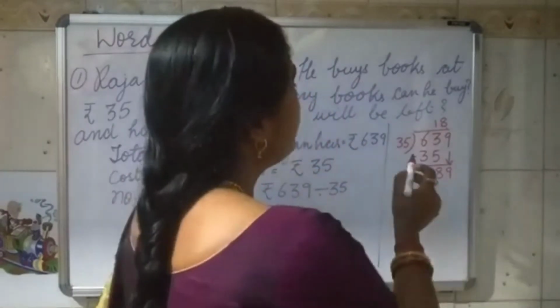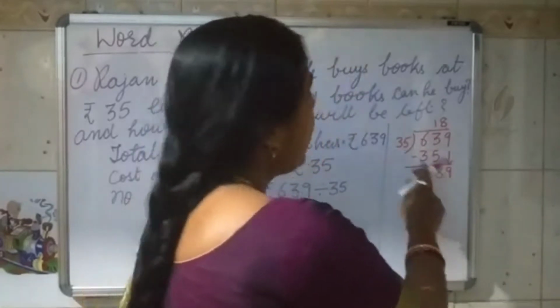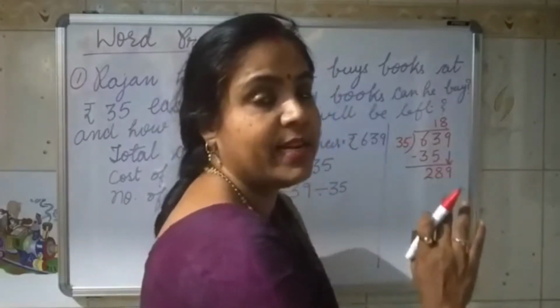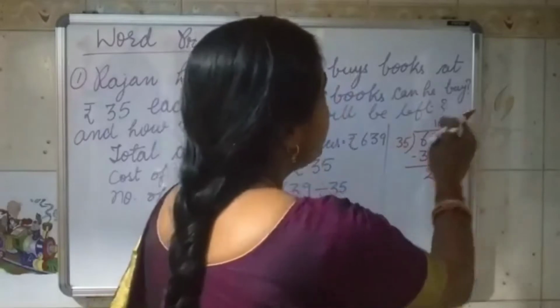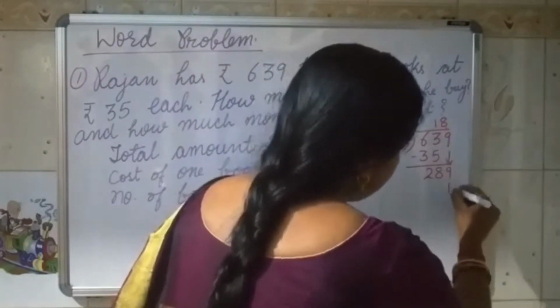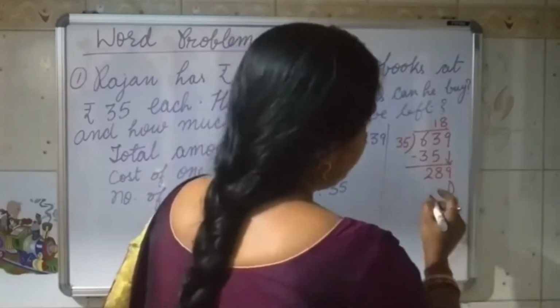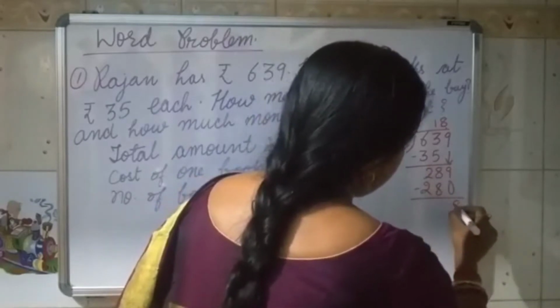As I told, 35 multiplied by 9 will come more than this 289. So I am going less than this. I am going for 8 times. So 8 5s are 40. Carry 4. 8 3s are 24 and 4 is 28. 289 minus 280 is 9.